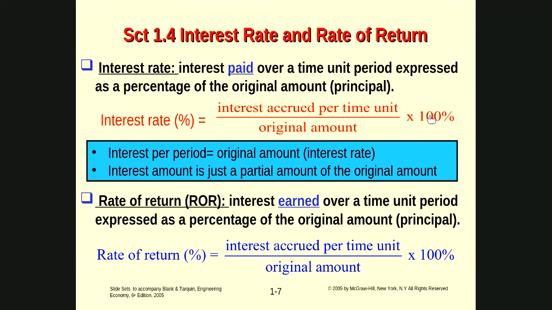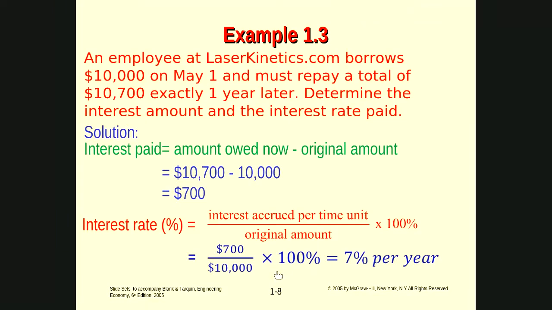This is intermediate, so there's no need to explain it. As you can see, the interest rate and rate of return have the same formulation and are calculated in the same manner. The only difference is whether you are paying or gaining. An employee in a company borrows. You have to get familiar with these words, borrows, loans, because they will be repeated often.